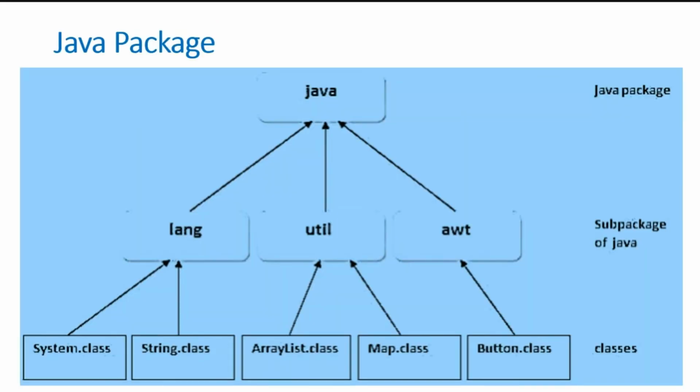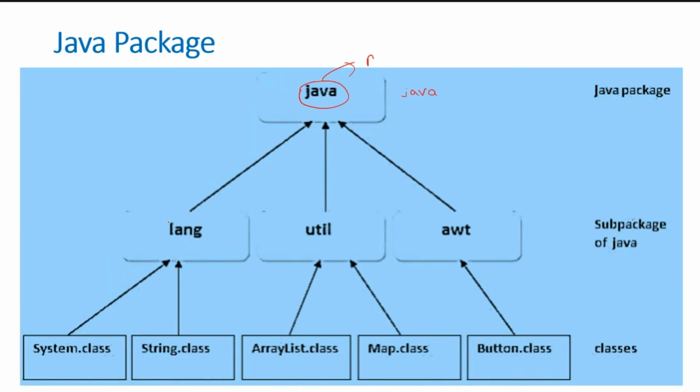Yes, there are many built-in packages. One of the root packages is java itself. One thing you will find about packages is that their name always starts with a small letter. Here you see java, j is small, and this is a big package, or the core package, or you can say the root package.